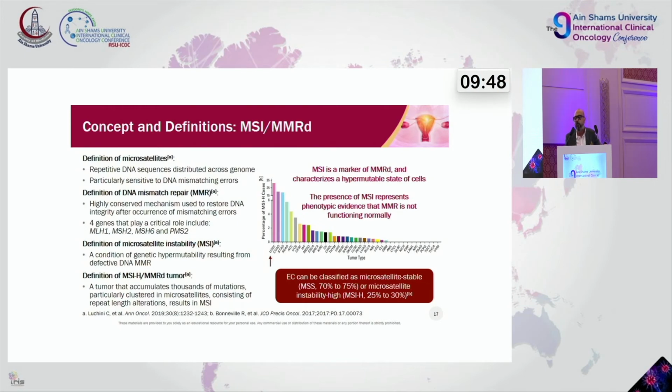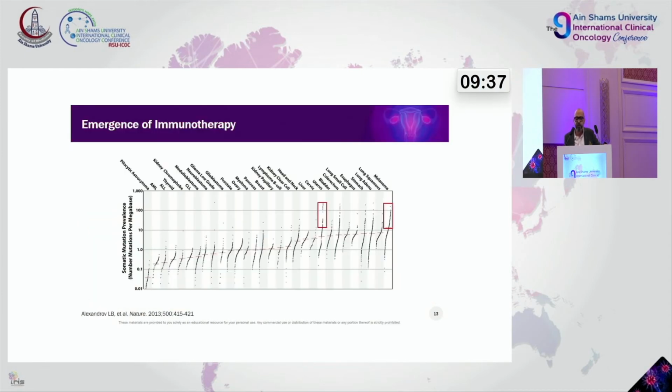MSI is a marker of mismatch repair deficiency and characterizes a hypermutable state of cells. The presence of MSI represents phenotypic evidence that mismatch repair is not functioning normally. Endometrial cancer is the 9th tumor regarding highest tumor mutational burden.